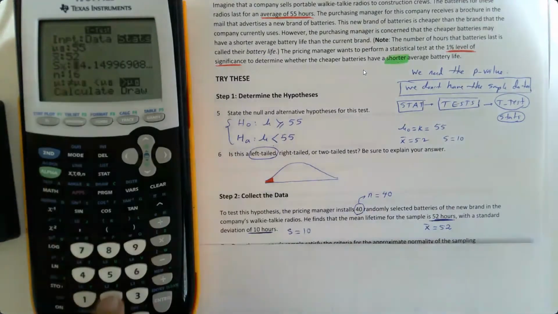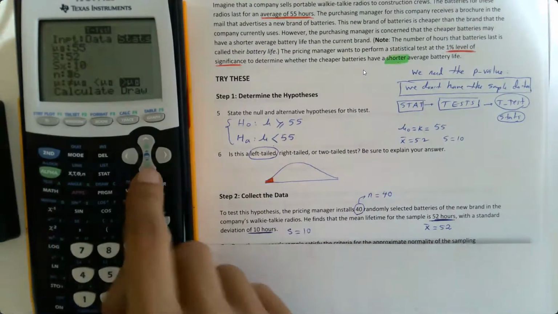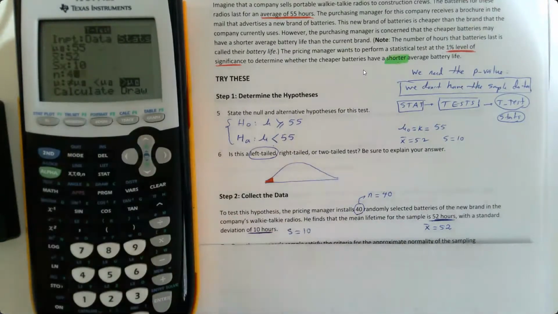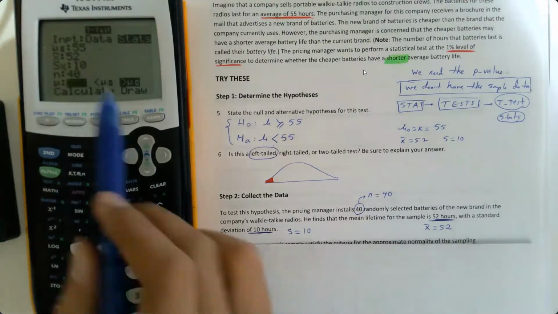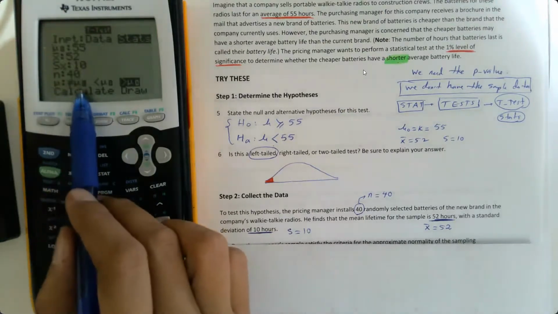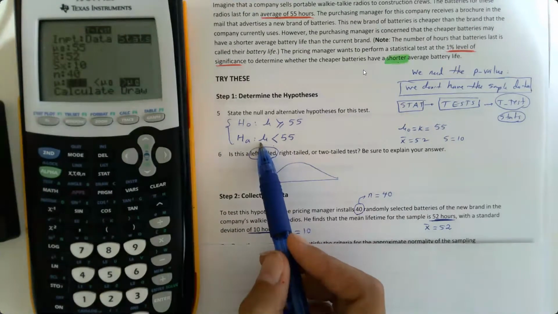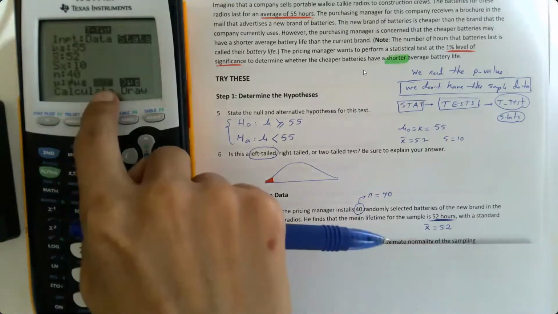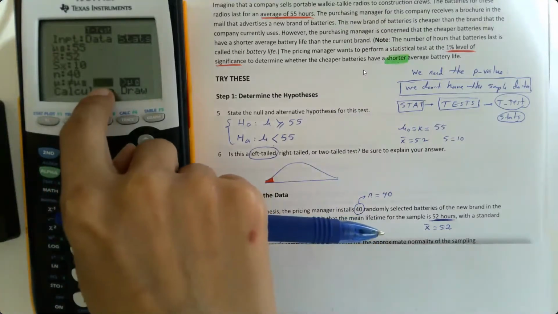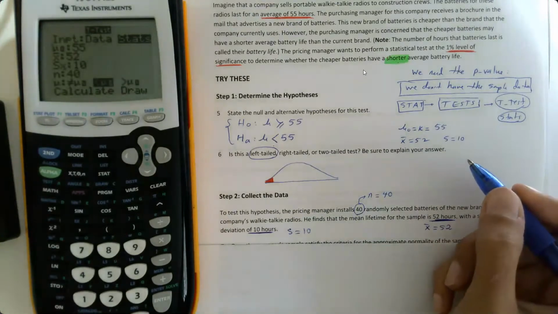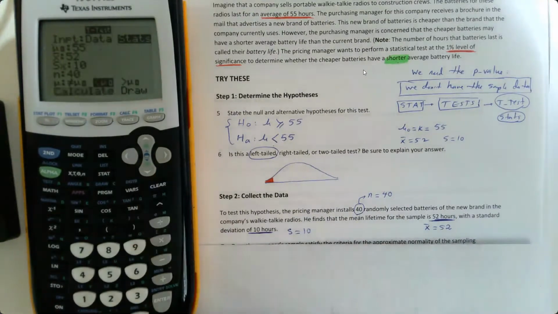It's given to me. Somebody already calculated those. And what is N? N is 40. How about my alternative hypothesis? It says the mean is less than K, so we're going to select less than K. Okay, very well. Let us go to Calculate.